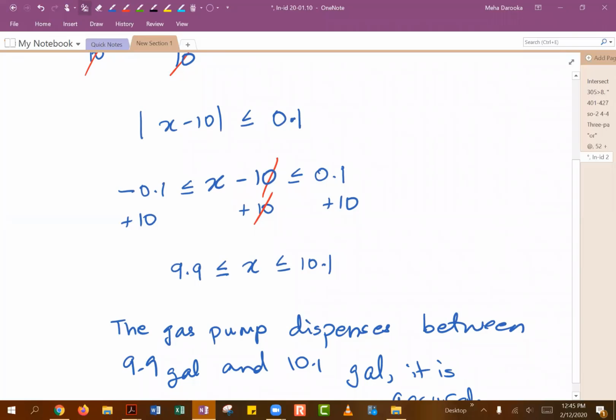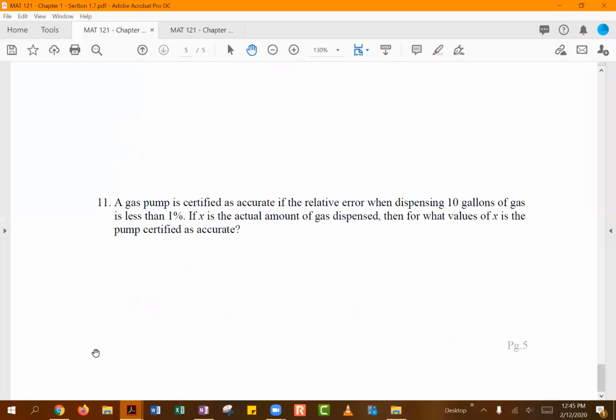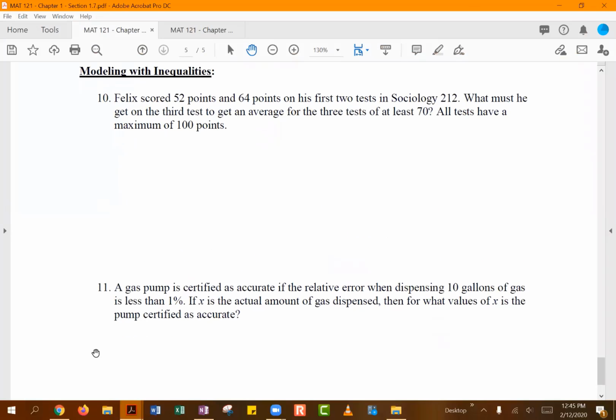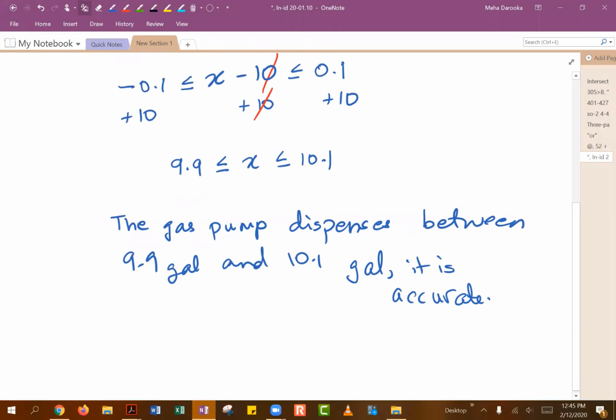Okay. Anybody have questions on any of these examples? Okay. When we write it in the graphing solution, where are you putting a bracket? Are you talking about 11? Let me go back.